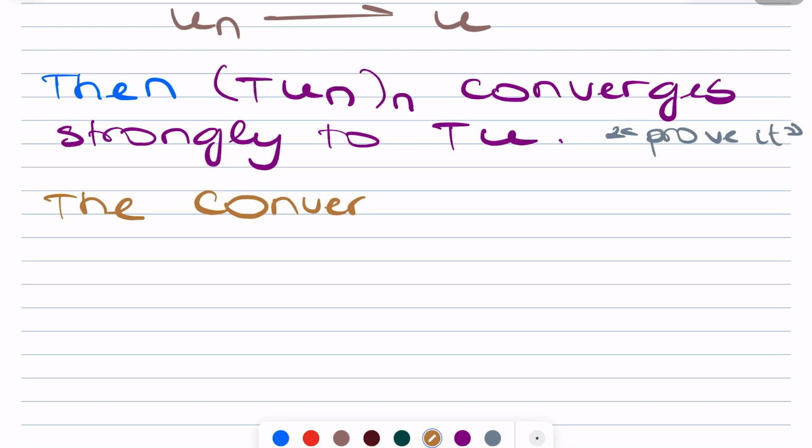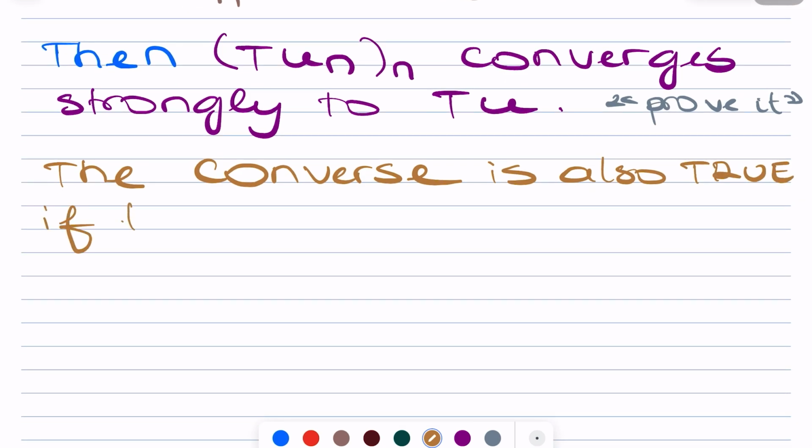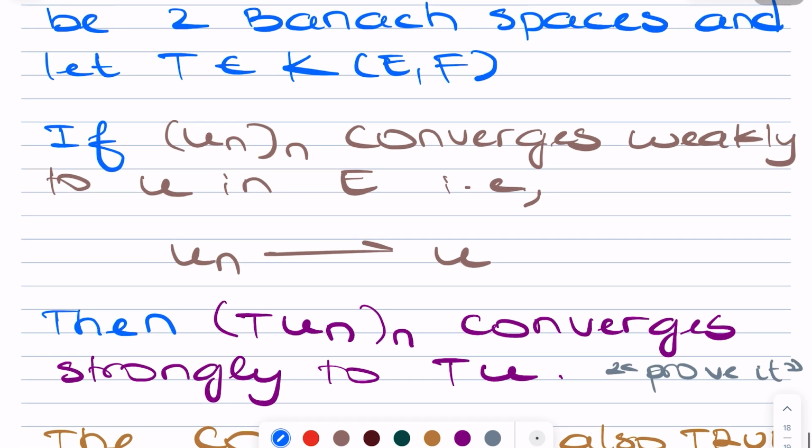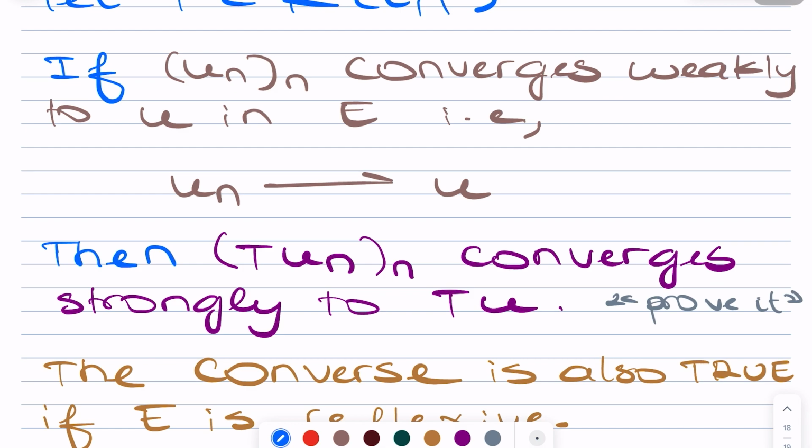The converse is also true if E is reflexive. This is actually a striking property: if you have a weakly convergent sequence in E and a compact operator, then the image sequence converges strongly to T U.